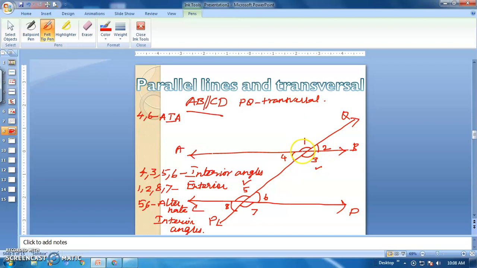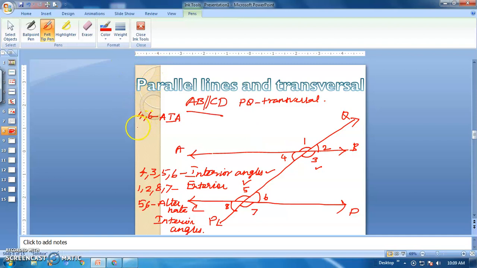And similarly, when we consider the exterior angles, that is exterior angles 1 and 7. So 1 and 7 lie on opposite sides of the transversal.